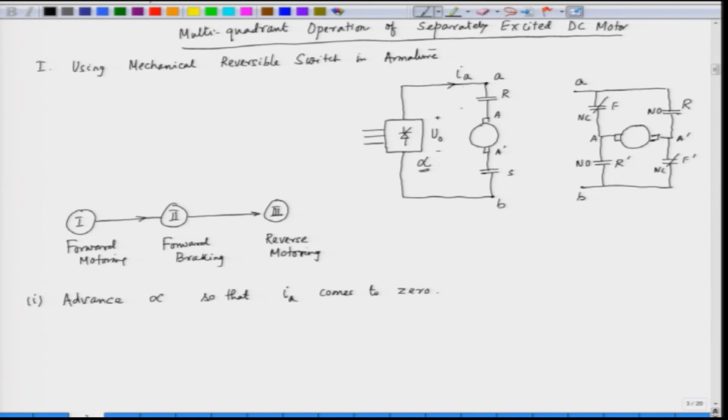When the IA decreases down to 0, the field in this case is separately excited. We are not changing the field connection, the field is separately excited. Now, when this IA comes down to 0, we take the step here that reverses the armature connection by the reversible switch.